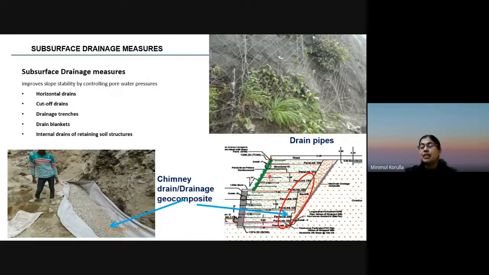The illustration you are seeing here is a reinforced soil structure. What do we mean by reinforced soil structure?